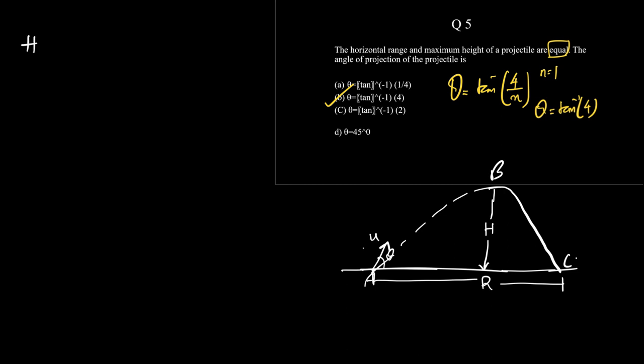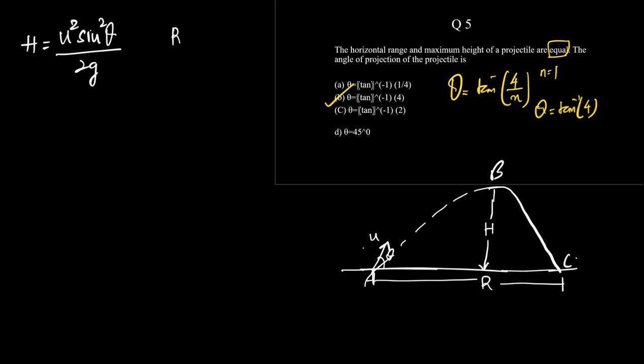And what is the equation for H? H is equal to u square sine square theta by 2g.